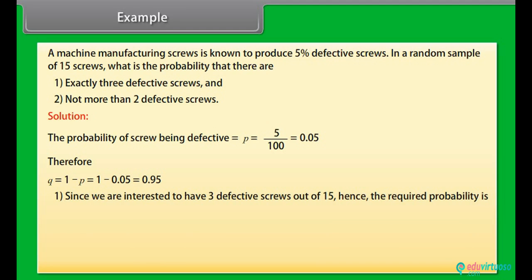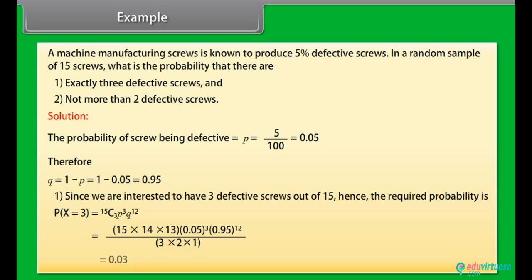Since we are interested in 3 defective screws out of 15, the required probability is 15C3 into P^3 into Q^12 = (15 into 14 into 13 by 3 into 2 into 1) into 0.05^3 into 0.95^12 = 0.03.